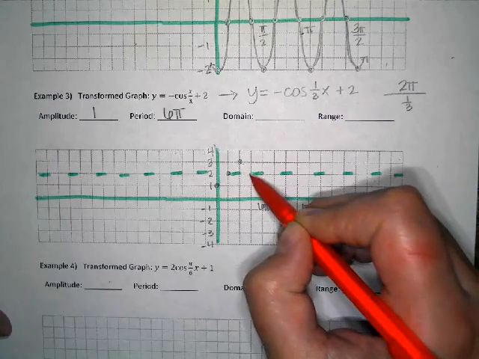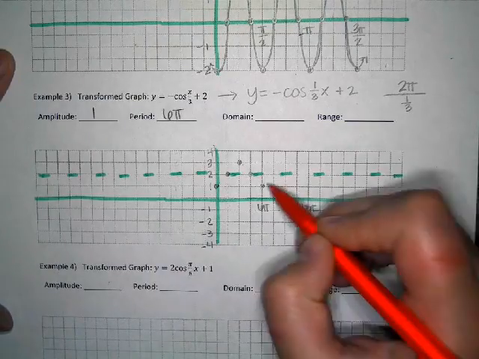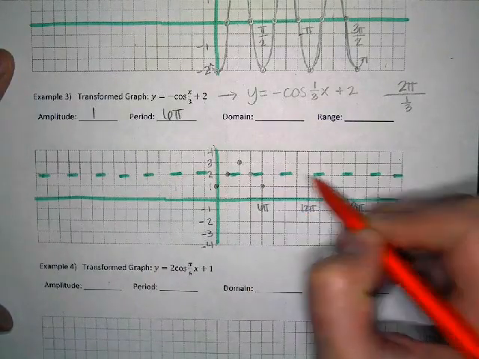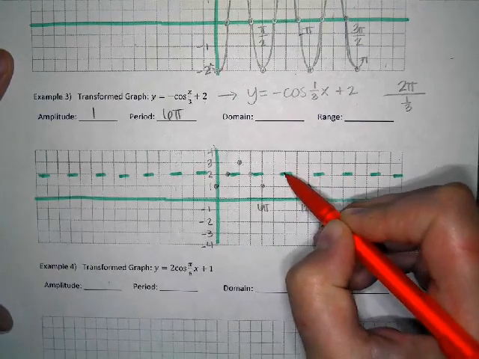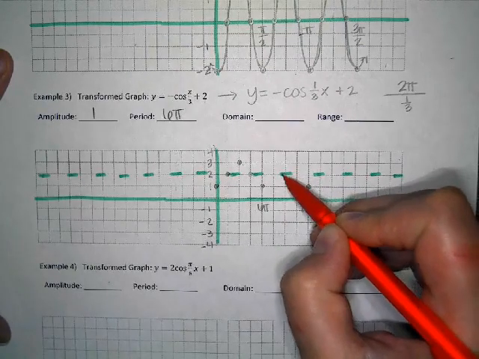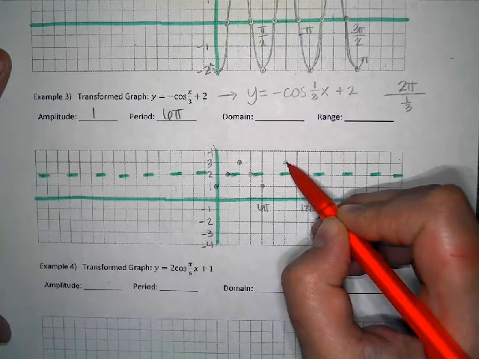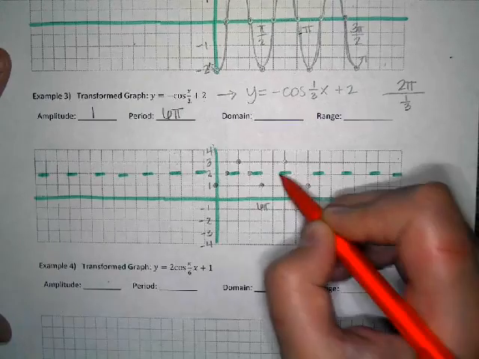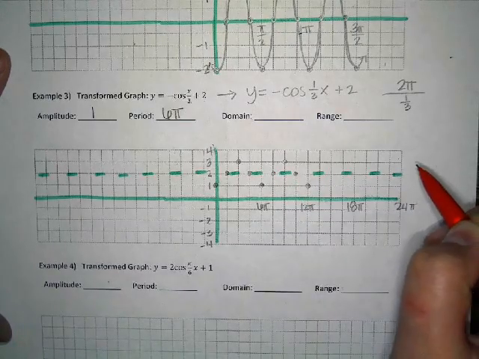Okay. Let's do it again. So I'm going to do below the midline by 1, below the midline by 1. What am I going to do in the middle? Go above by 1. Okay. Now what do I do? Hit the midline, hit the midline. Okay. So I've got below, below.